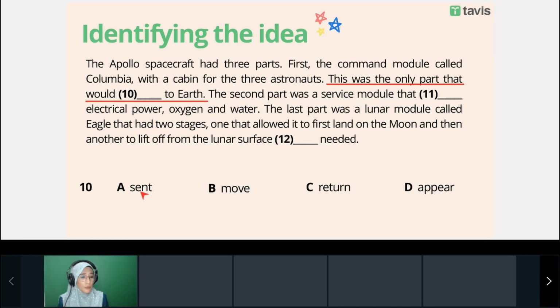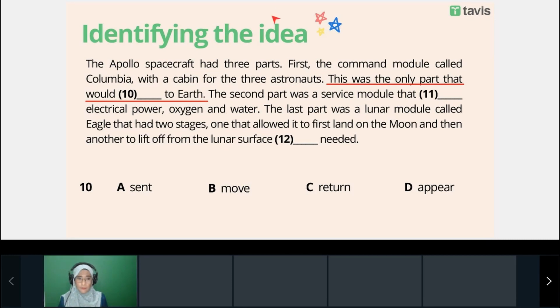You need to know, not to say the meaning, but maybe you can find a synonym of it. Do you think that sent, we already did send before, you want to send something, right? It's like you're giving something to someone maybe. Is it sent? Is it move? This was the only part that would move to Earth.